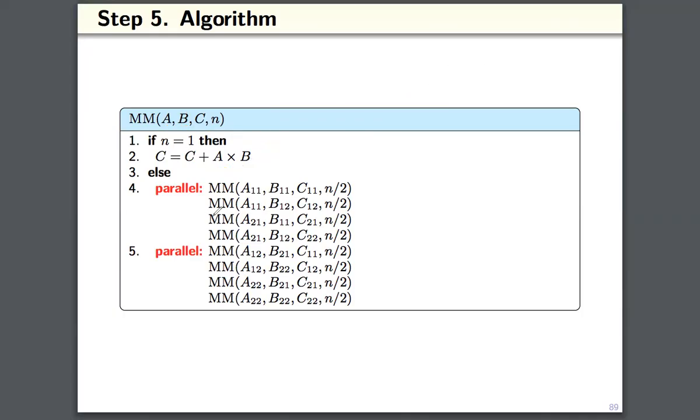Okay, what is the recursion case? So you have 8 child functions, first 4 and then next 4. So first 4 in parallel and then next 4. The first 4 function calls are writing onto 4 different quadrants of C. That means they are independent tasks.